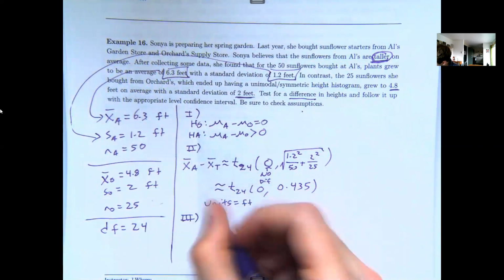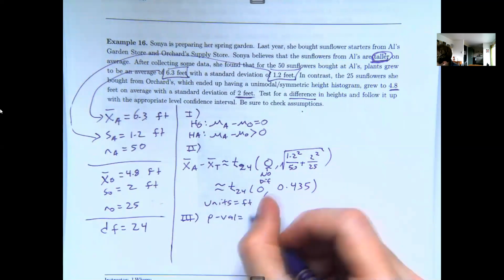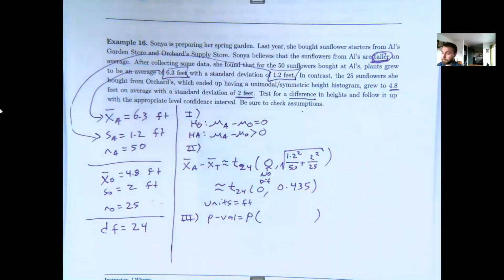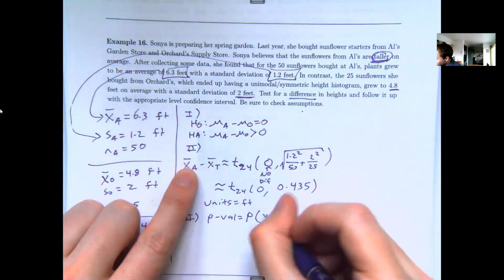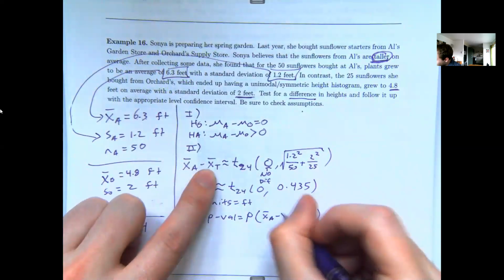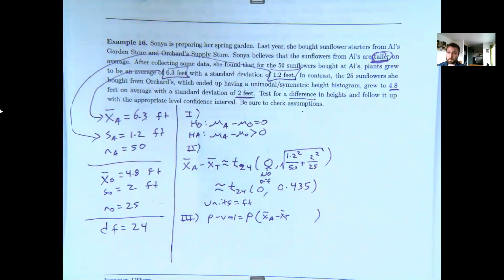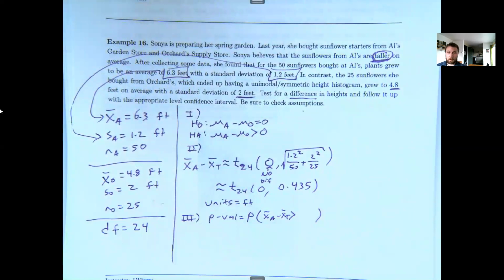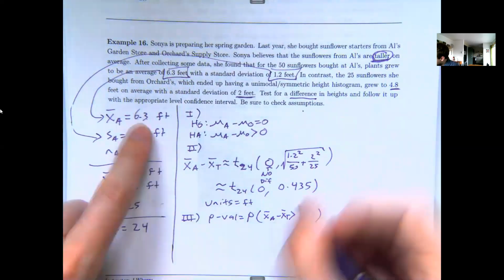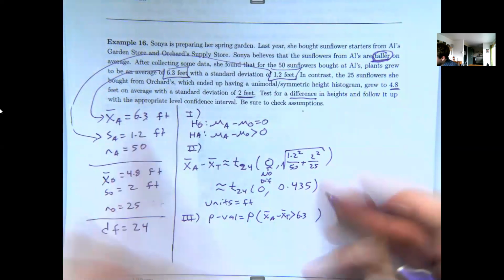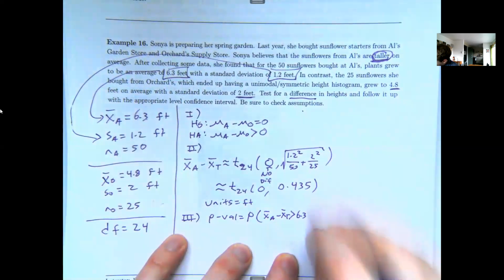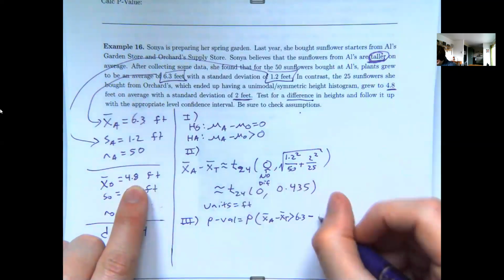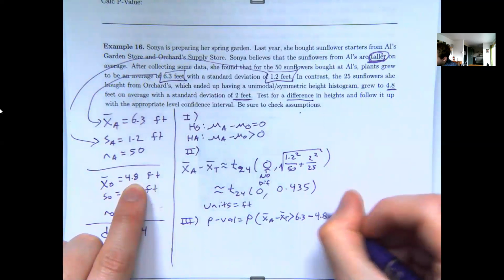Third step, p-value. The p-value is the likelihood. I'm going to be looking at the probability of the sample data. So I'm going to take the name of the model. The name was average A minus average O, or more extreme. Well, or more extreme in this case means more. And I'm going to use the actual numbers. For A, 6.3 minus, for O, 4.8.